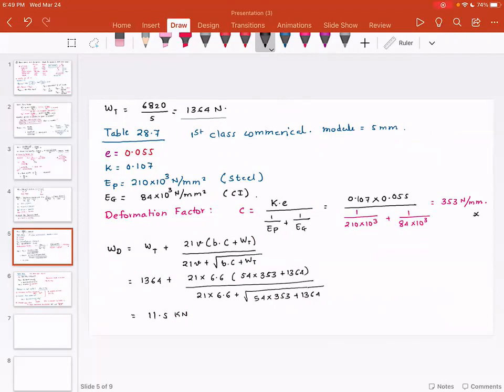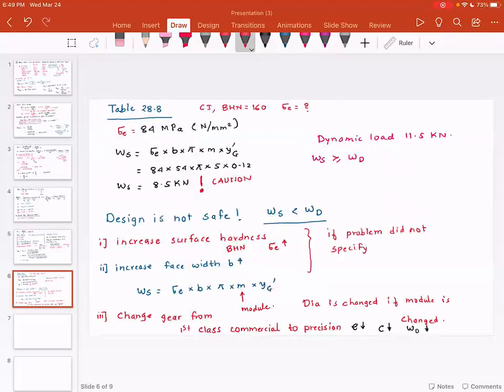So this equation, if we change the value of E, then we have to repeat the calculations and find the new WD, and hope that this WD is less than or equal to WS that we found over here.